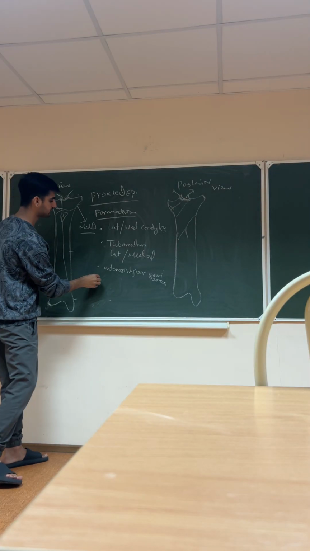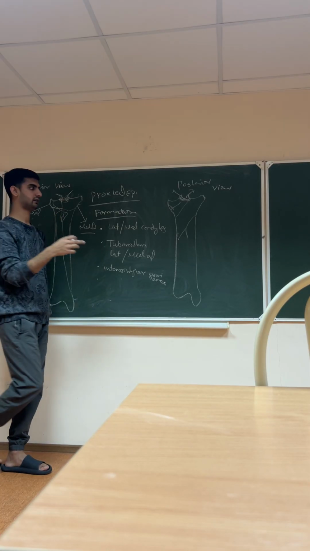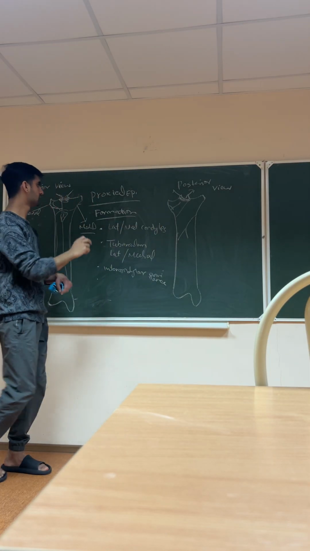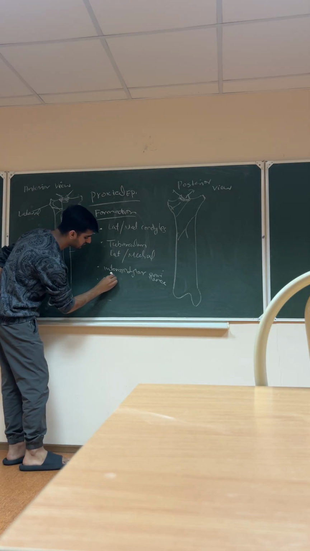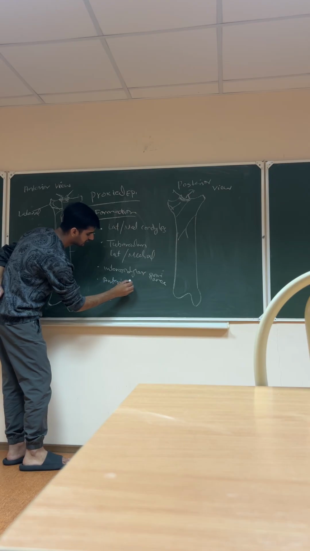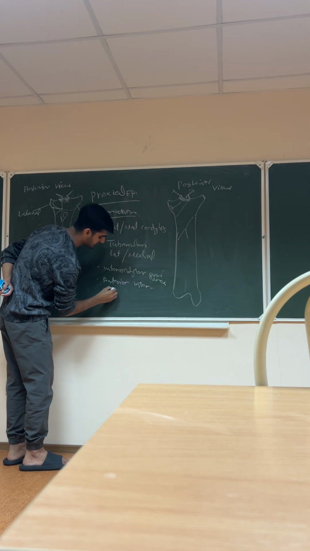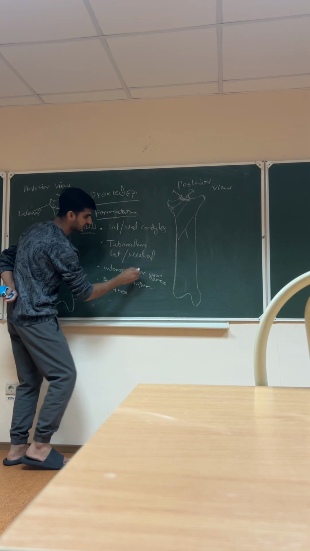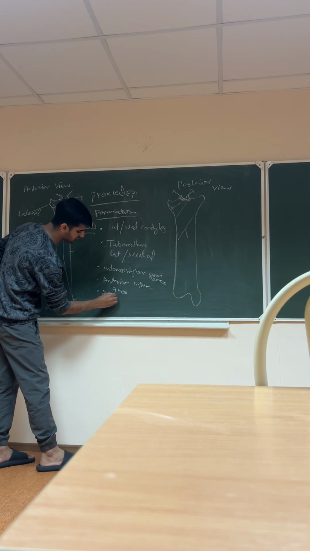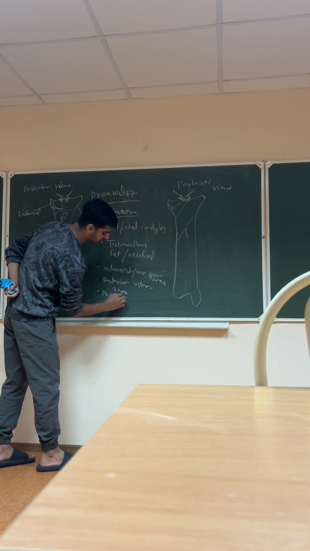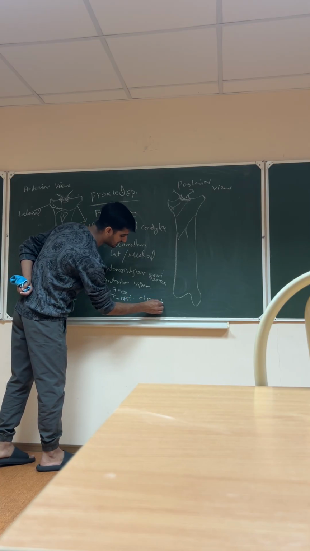Now, anterior means the front side and posterior means the back side. This area is named the anterior intercondylar area, and on the posterior side we have the posterior intercondylar area.